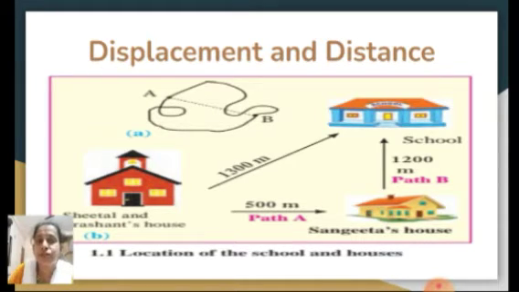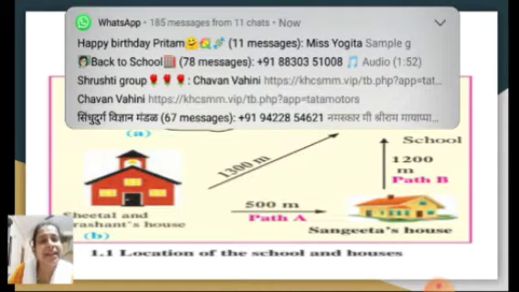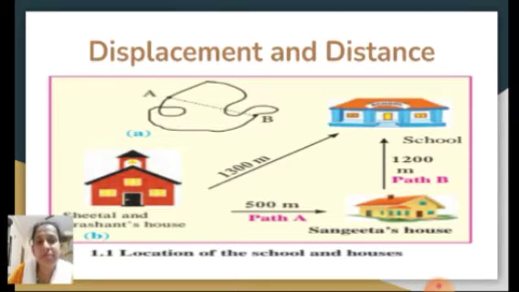So definitely Prashant will be reaching the school faster as compared to Sheetal, though both of them have the same speed, because Sheetal travels along the actual path, whereas Prashant is walking a minimum distance.